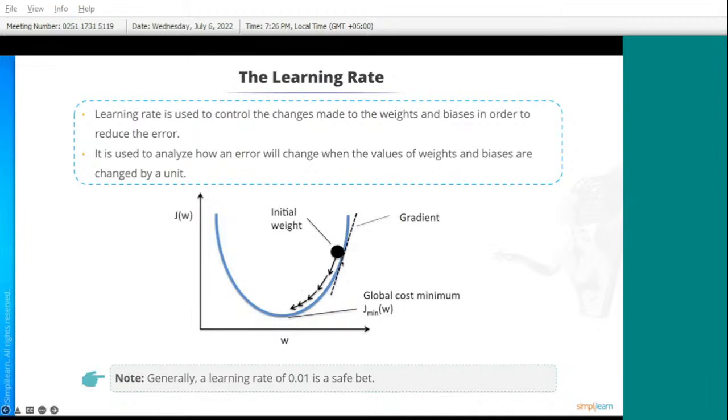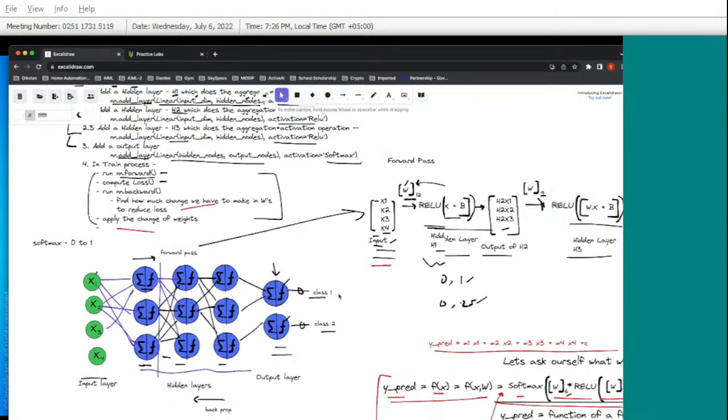So we are moving down the gradient, but we have to apply the new weights. The optimizer is the one which actually applies the new weight based on the gradient that is computed by the backward propagation algorithm, right?